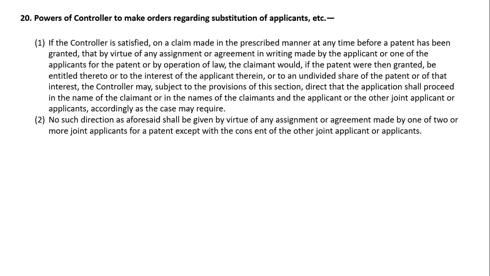The controller may, subject to the provision of this section, direct that the applicant shall proceed in the name of the claimant or in the names of the claimants and the applicant or the other joint applicant or applicants accordingly as the case may require. So before the grant of the patent, you can add or substitute the name of the applicant by the assignments or the agreements.